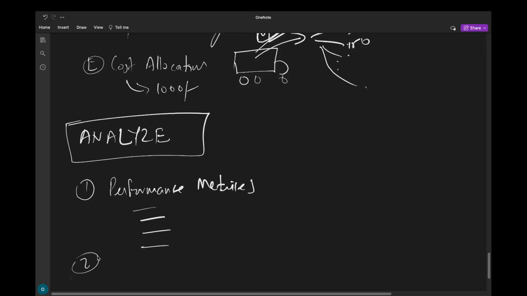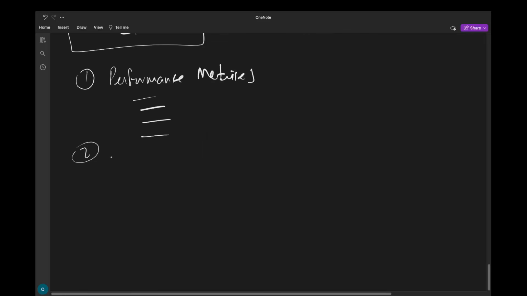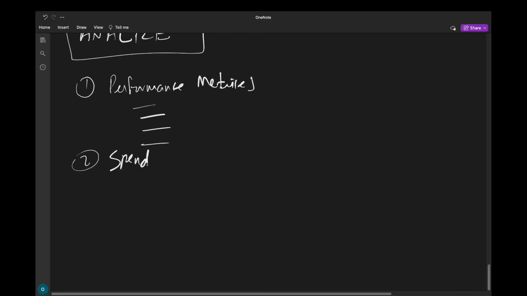Then second is spend analysis. What is the total transportation spending? What is the spending by lane, by carrier or by mode, and identify savings opportunities wherever available. Then we have network optimization.